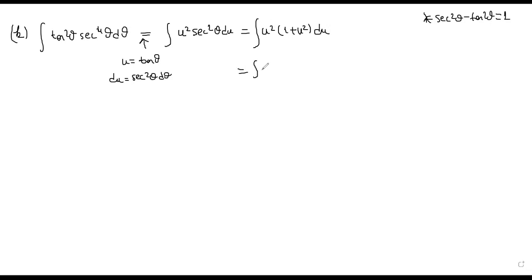We distribute it into the parentheses, which gives u squared plus u to the 4 du, and then it's equal to u cubed over 3 plus u to the 5 over 5 plus some constant. u is equal to tangent theta, so we get this finally. Right? By back substitution, we get that.